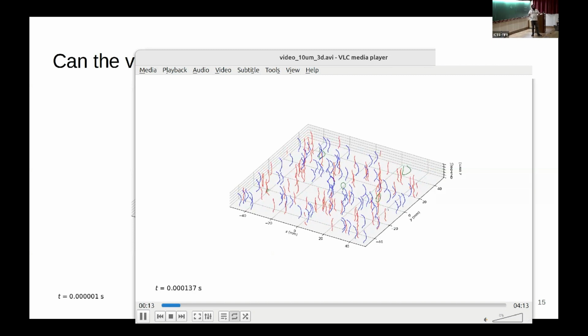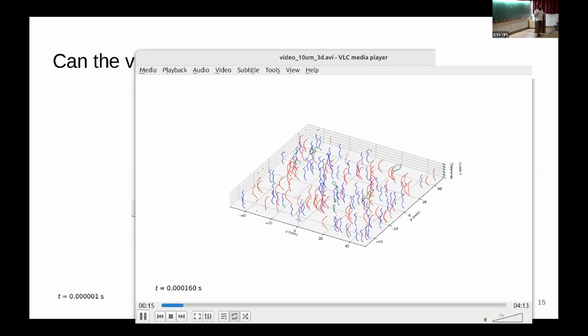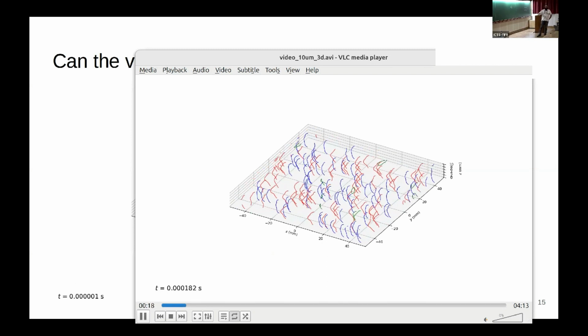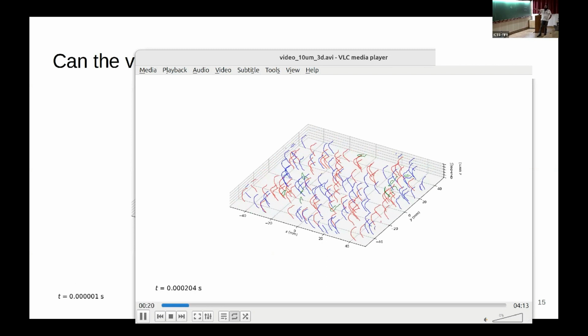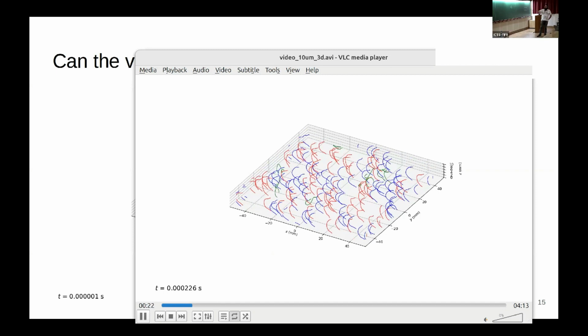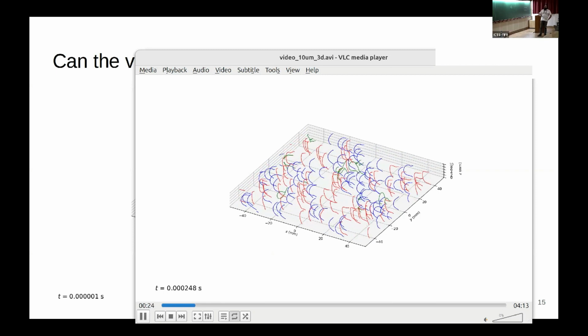They retain their definite circulation. They're going either up or down. That's what the blue and red colors mean. The blue have a negative circulation, and the red have positive circulation.